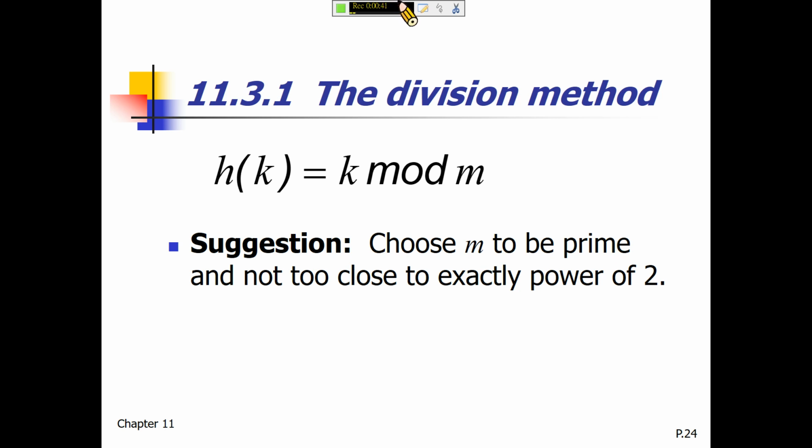For example, if the hash table has size m equals 12 and the key is 100, then h(k) is 100 mod 12, which is 4. Since it requires only a single division operation, hashing by division is reasonably fast.